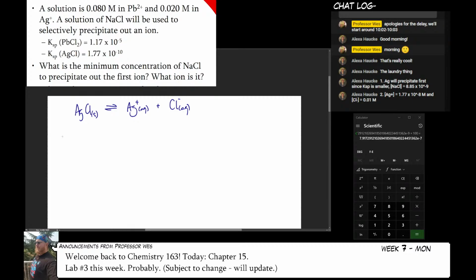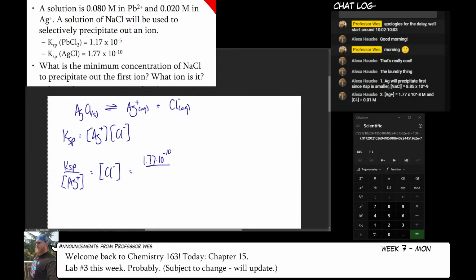So that would be KSP equals [Ag+][Cl−]. And so the amount of chloride that would be needed would be 1.77 times 10 to the minus 10.